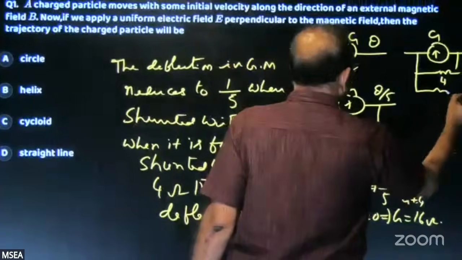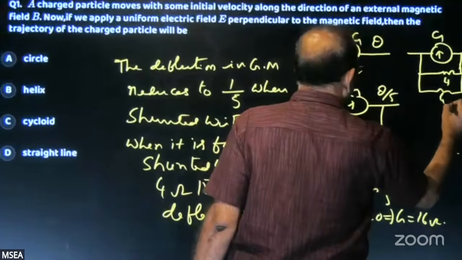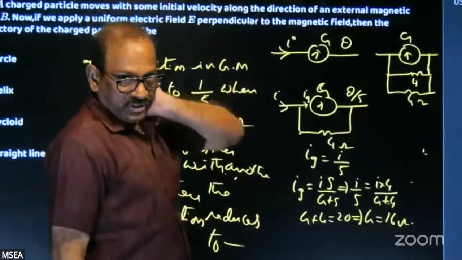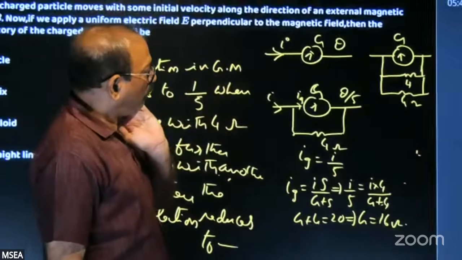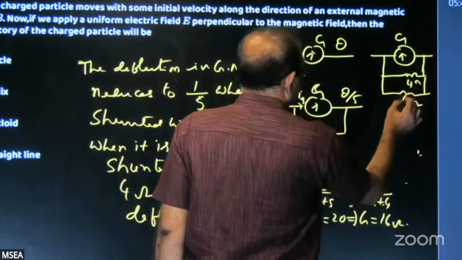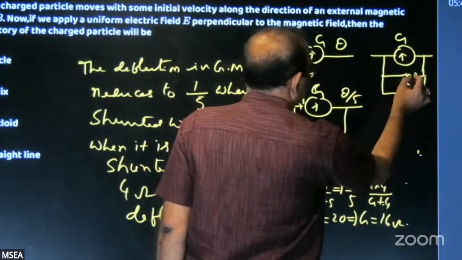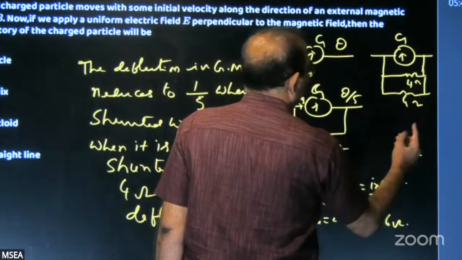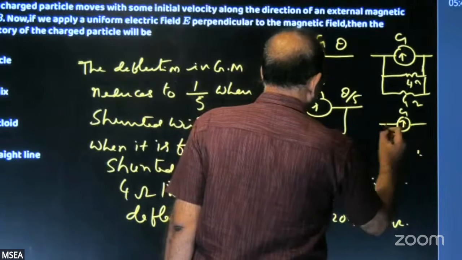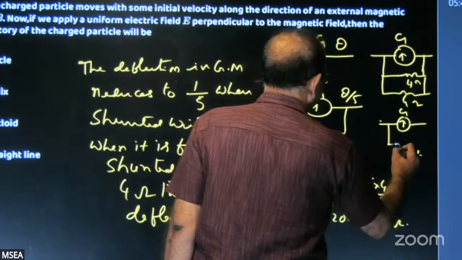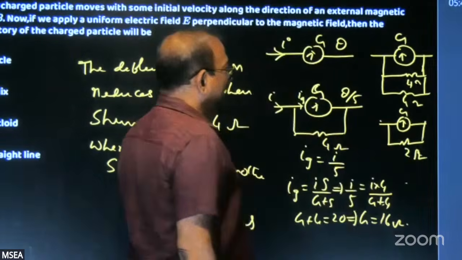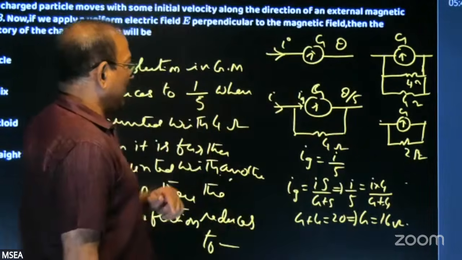Further shunted means another 4 ohm is connected in parallel to the existing 4 ohm. If the two 4 ohm resistors are in parallel, the effective shunt is 2 ohm.